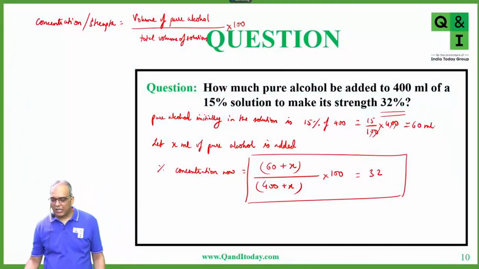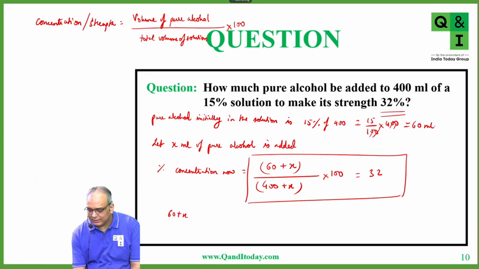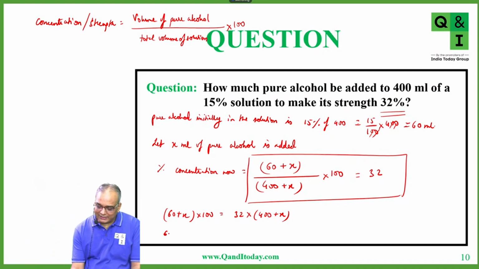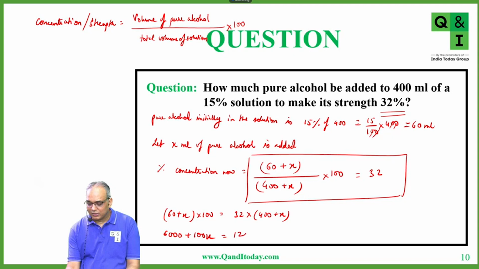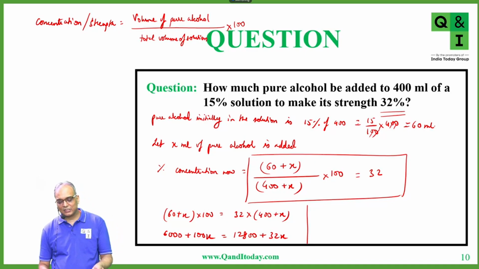Let us solve this now. Students, if you solve this, multiply 60 plus x into 100 is equal to 32 times 400 plus x. So 60 into 100 is 6,000 plus 100x is equal to 32 into 400, which is 12,800, plus 32x. Now bring 32x to the left side and 6,000 to the right side.